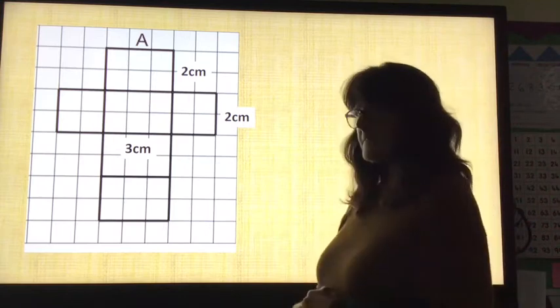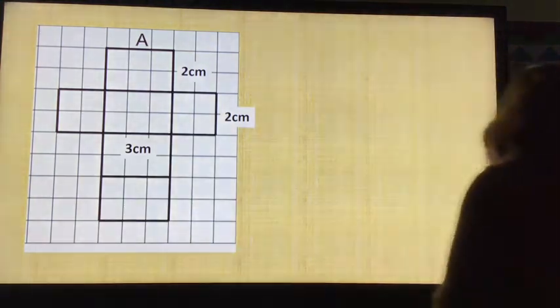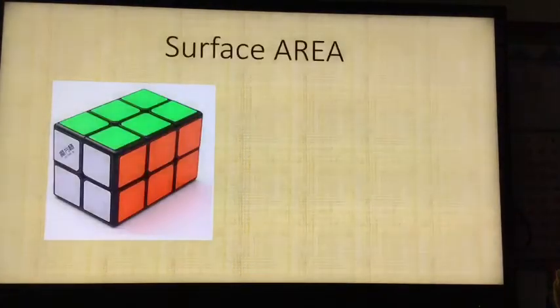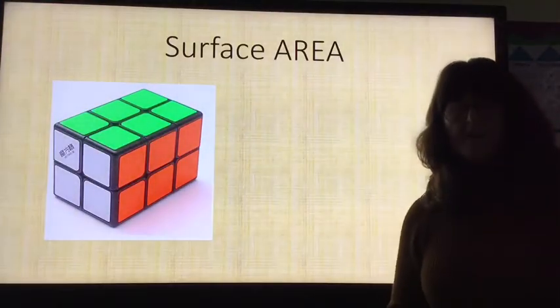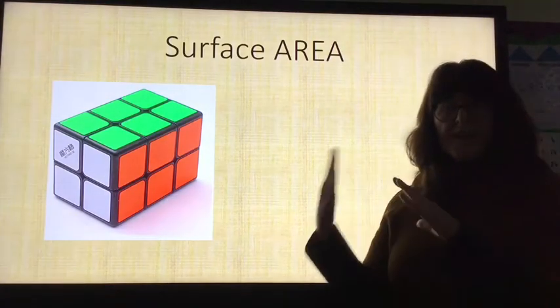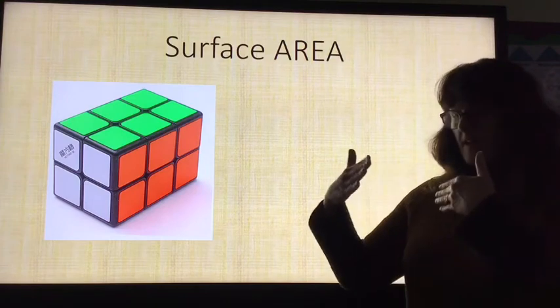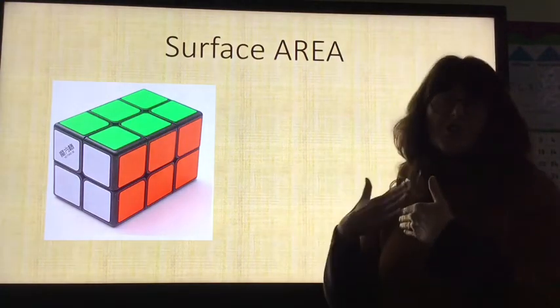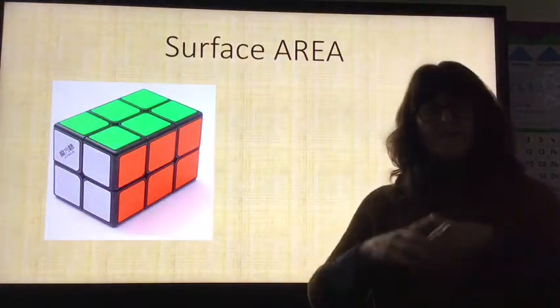One final piece of teaching today. So the last thing I'm going to talk about is surface area. Now, what I want you to do is forget about volume because we're now on to area. Remember, volume is the space that a shape takes up. Area is 2D.